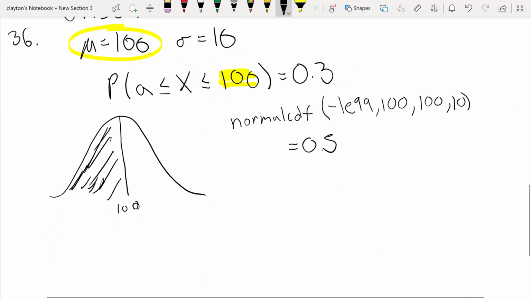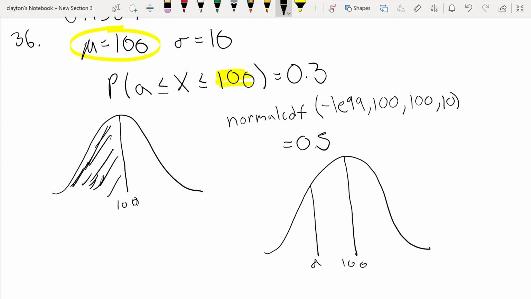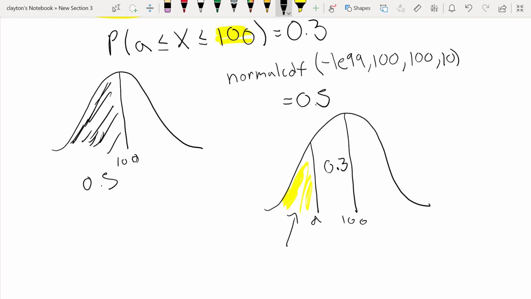It's saying that between A and 100, there is, so this is saying 0.5 is over here, and between these two bounds is 0.3. Well, then the area to the left of A has to be 0.2, because the entire half of it is supposed to equal 0.5.